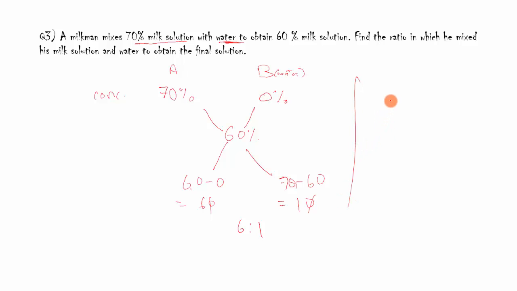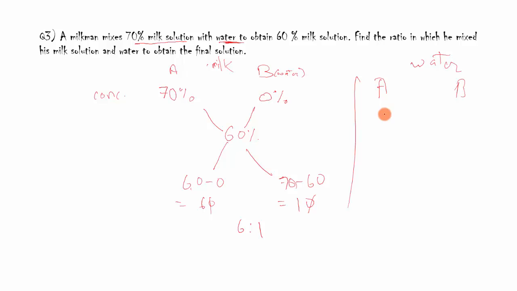Here we solved this with respect to milk. We could also solve this with respect to water, that is, considering it as a water solution. We are mixing two solutions, A and B. What concentration of water does the first solution have?